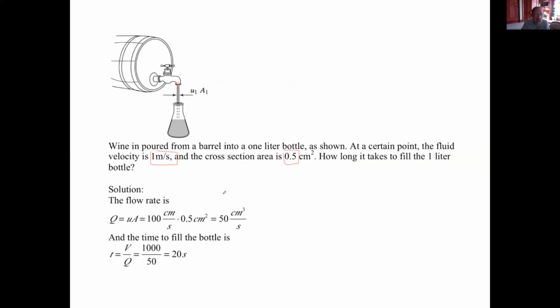Now here we can have two definitions. We can have the mass flow rate, which is rho times u times A, the area.